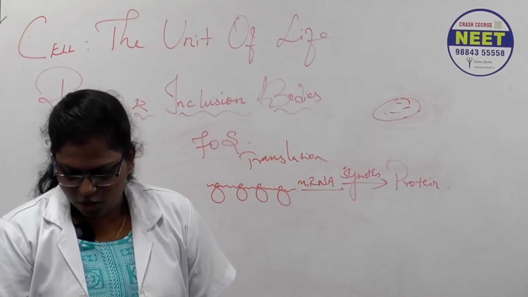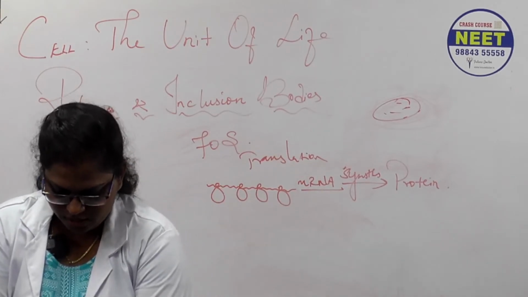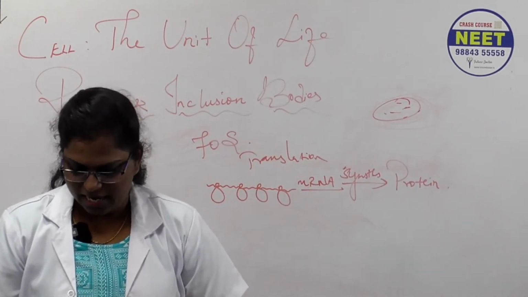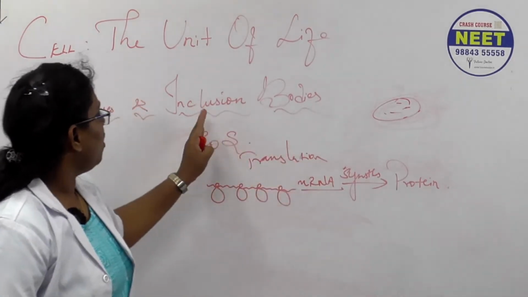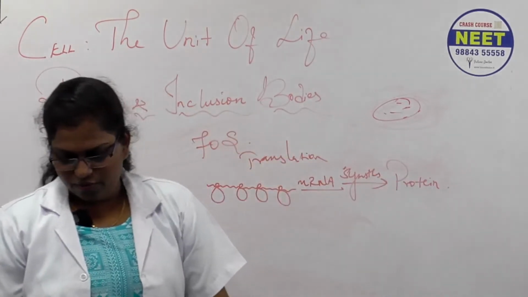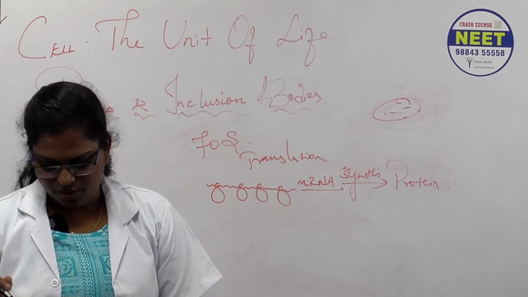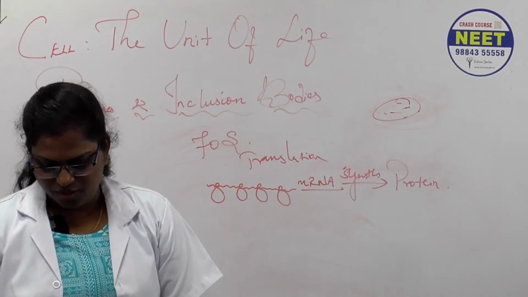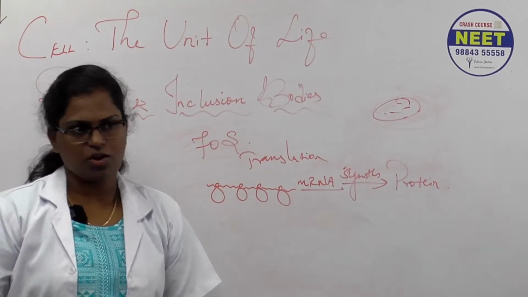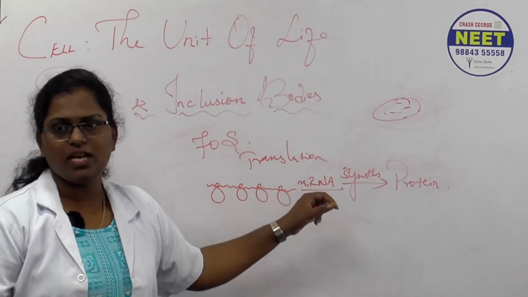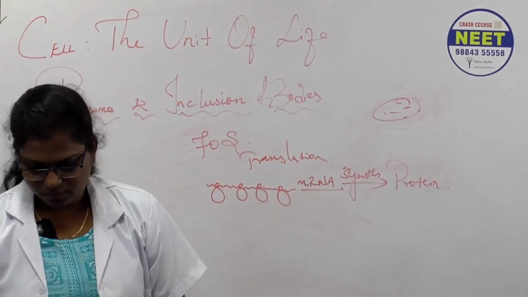For example, as given in your NCERT, phosphate granules, cyanophycean granules and glycogen granules are present in the cytoplasm.